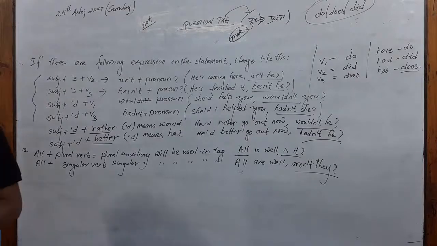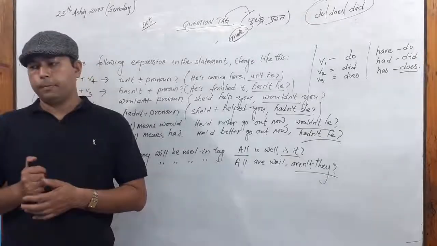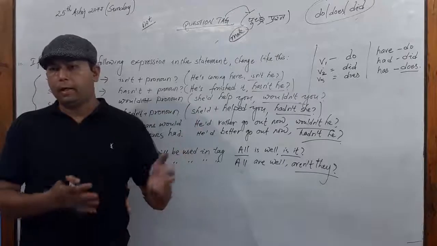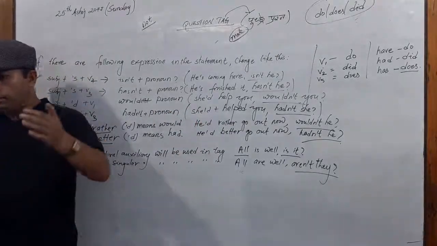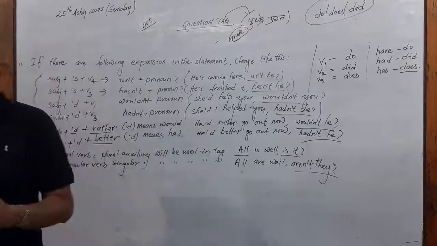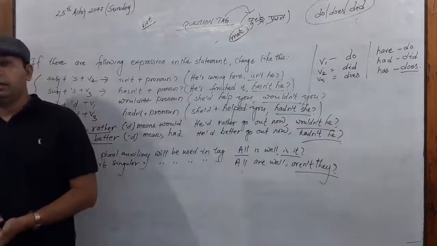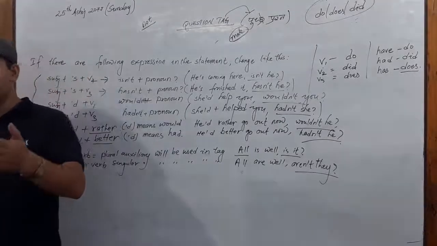What you have to remember, there are certain subjects. Okay, it may be too long if I write all the subjects here, so I want to wrap up. But before wrapping up my class, I just want to tell you what the subjects and their pronouns are. If there is this and that, then the pronoun will be it.